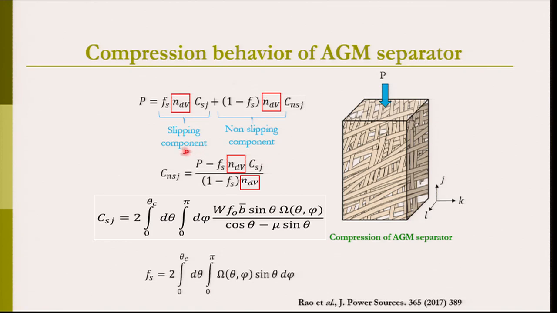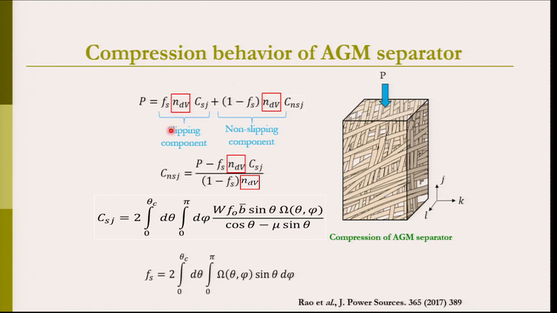The slipping component involves the fraction of slipping contacts, which is Fs, and NdV is an important component. That means how many fiber to fiber contacts are taking place in a defined meso domain. As we have already mentioned in the last lecture, NdV is representing the number of fiber to fiber contacts in a meso domain of volume dV, and this meso domain is just like a repeating unit within the system.